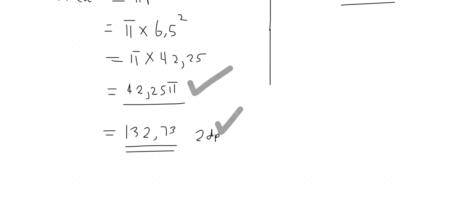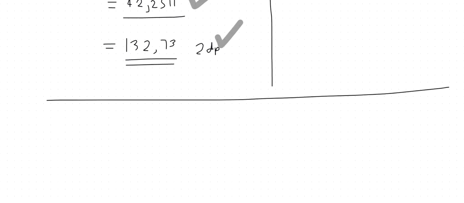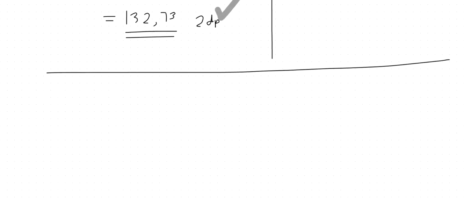So what have you learned today? You have learned to find the circumference of a circle when there is a given radius, using 2 pi r.